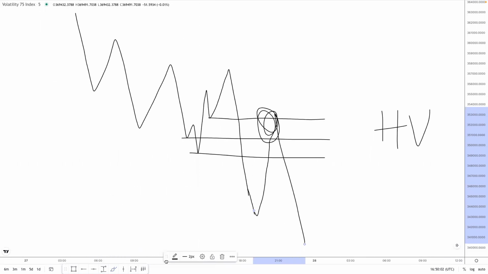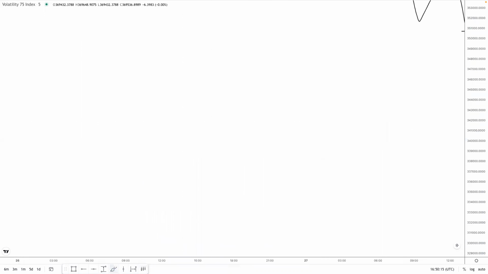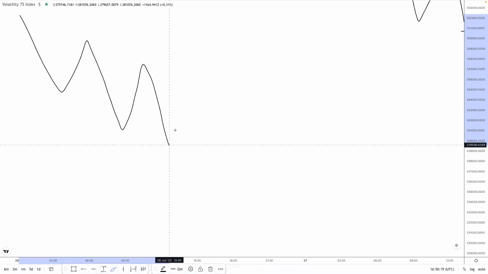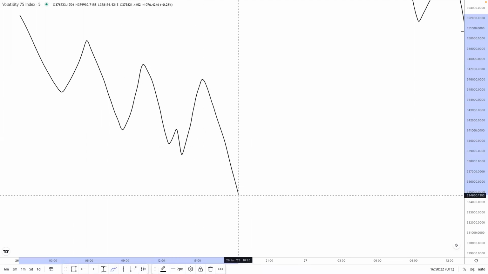Sometimes this structure can come in a different way. At this time, we can see price gave us two structures. Sometimes price can only give you one structure. What I'm trying to say is that we could have a downtrend whereby price breaks structure.